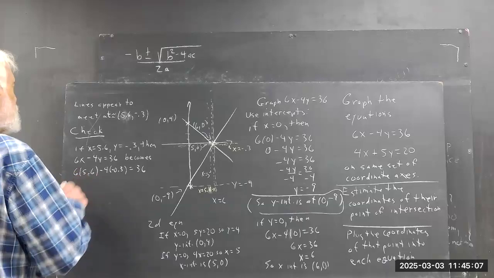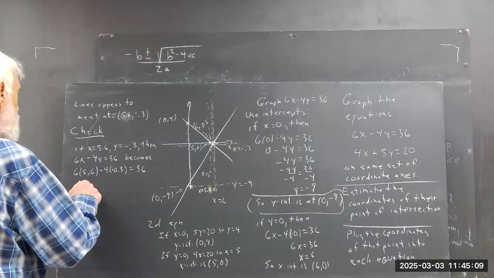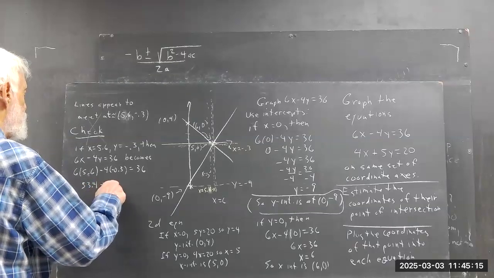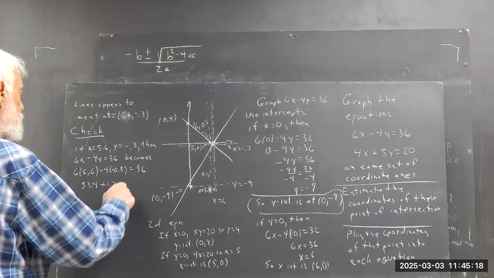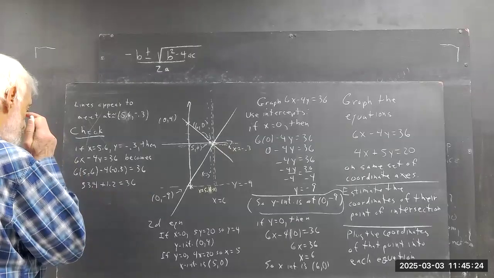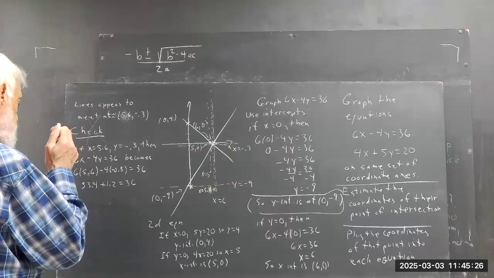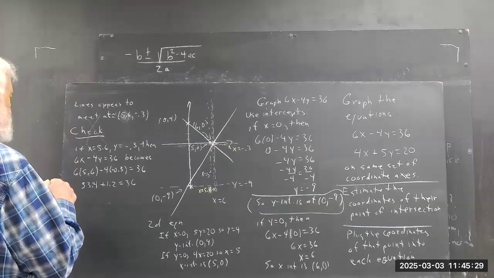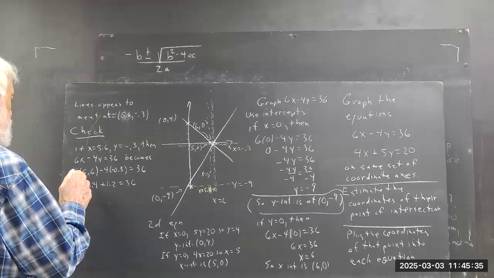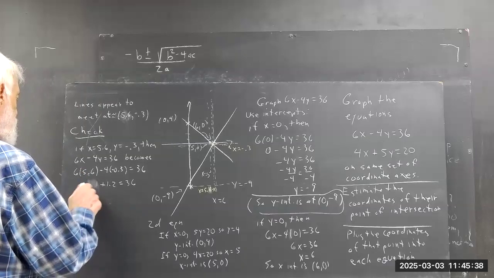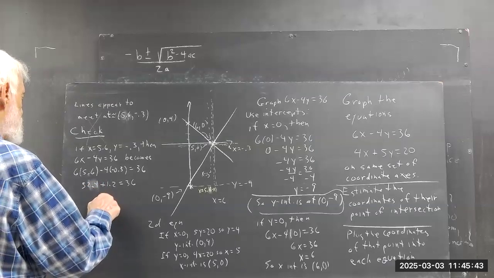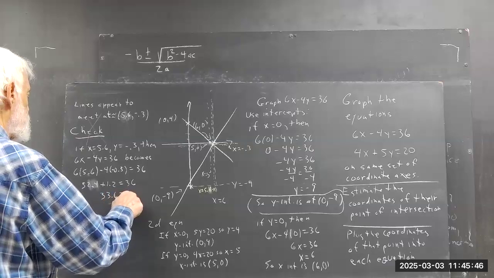So let's see, 6 times 5.6 is 33.6. -4 times -0.3 is 1.2. And wait a minute, subtracting, so I should be subtracting 1.2. Should be 32.4. Okay, so I get 33.6 equals 36.